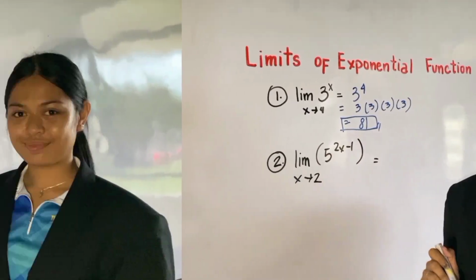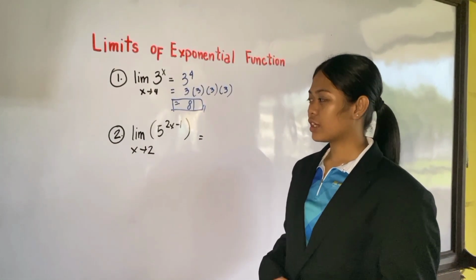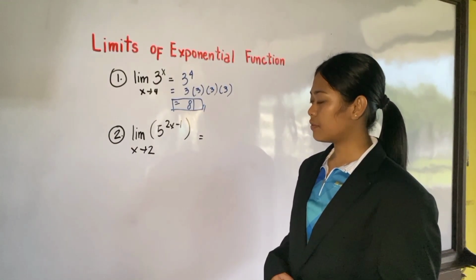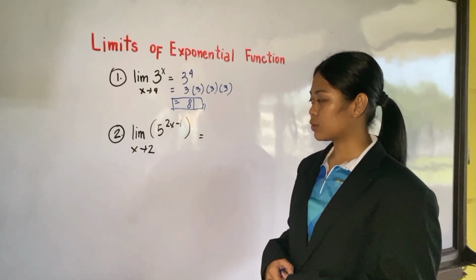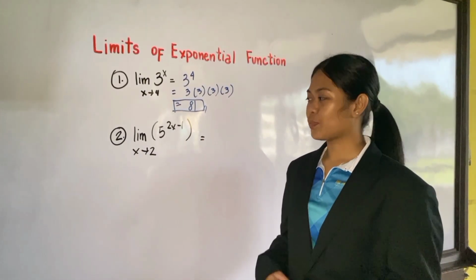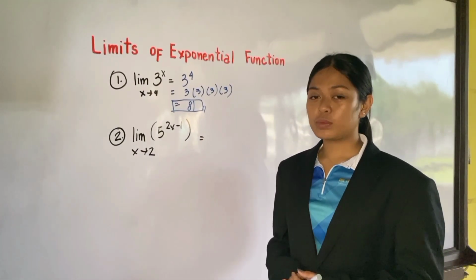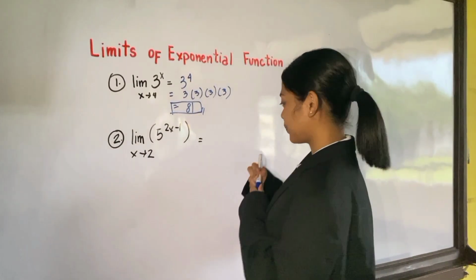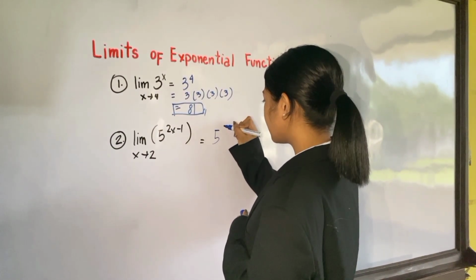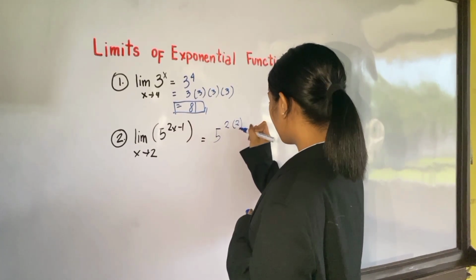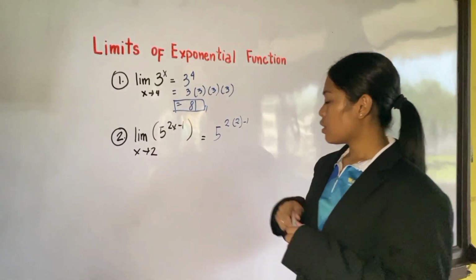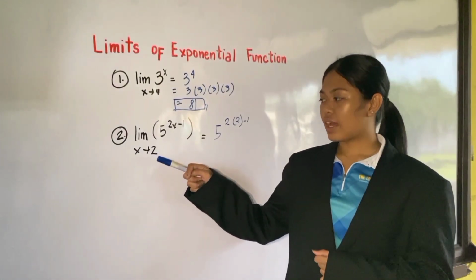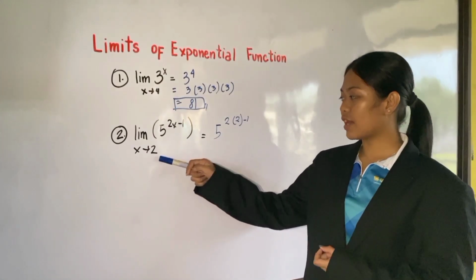The answer will be 81. For our problem number 2, the given here is the limit of 5 raised to 2 times x minus 1 as x approaches 2. So in this problem, we will still apply direct substitution. So our equation would be 5 raised to 2 times 2 minus 1. So we will still copy the value of x here.